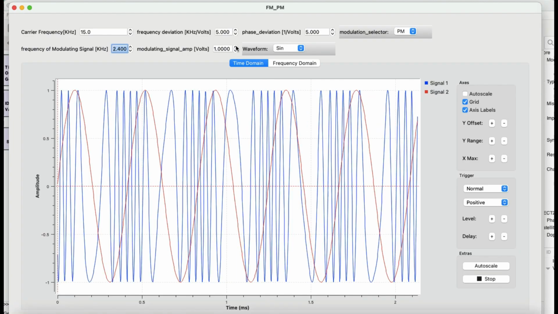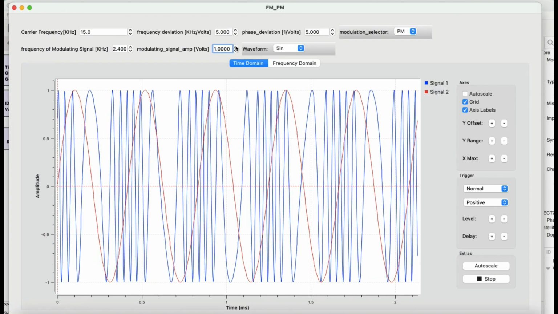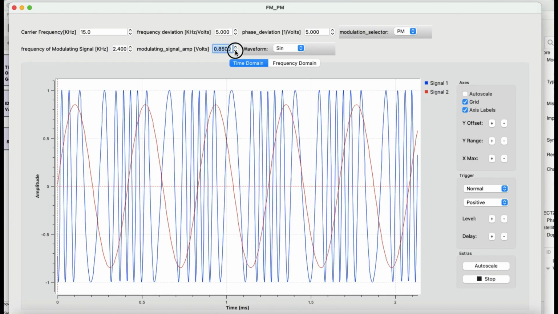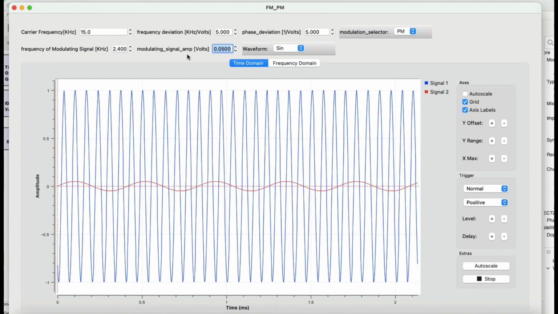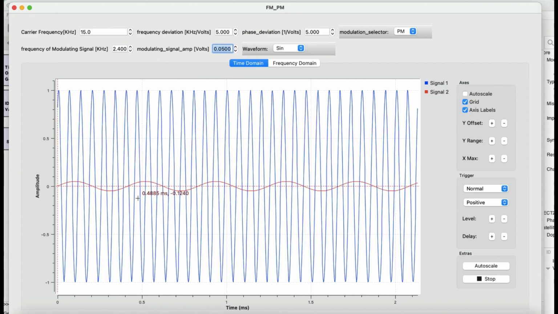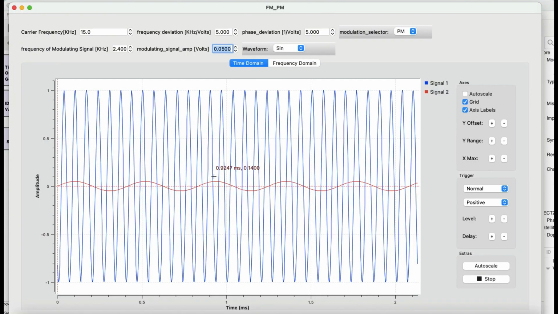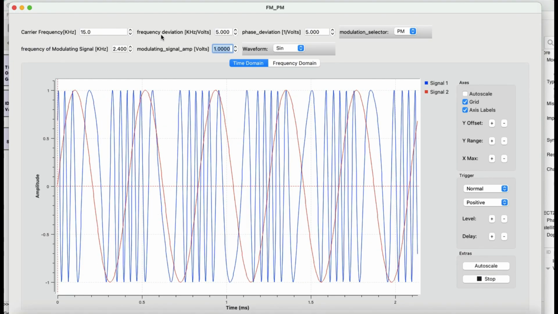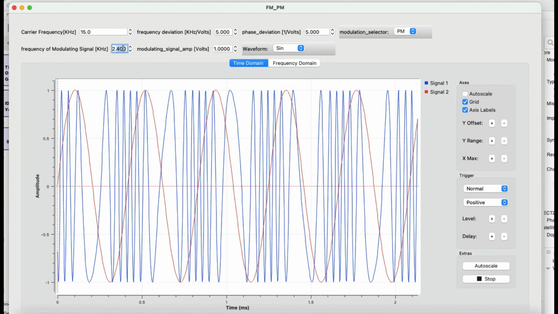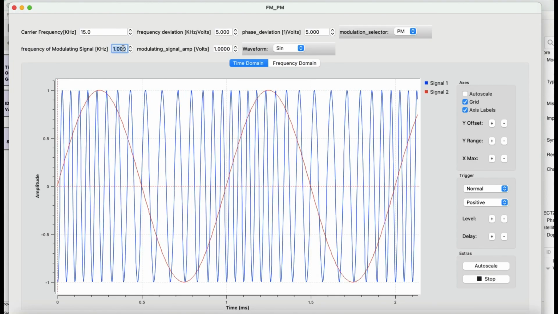You can choose the amplitude of that signal. If you want, you can reduce the amplitude. This modulating part is actually changing the frequency of the red one, and based on that, you will see the effect on your modulation. So right now there's nothing happening. So let's leave this at 1, and let's leave this at 1000, 1 kilohertz.